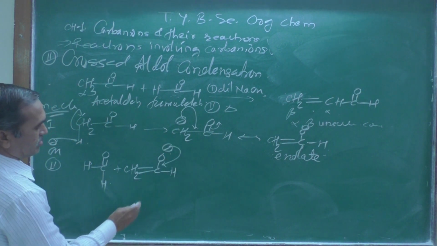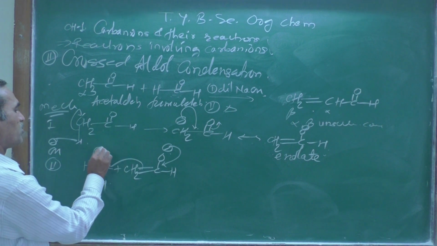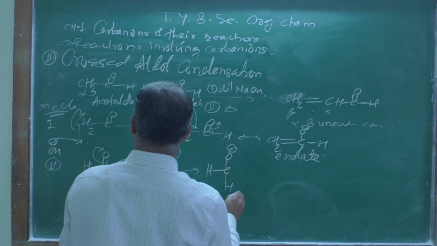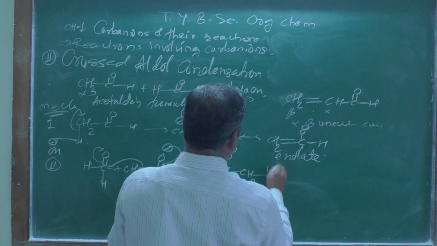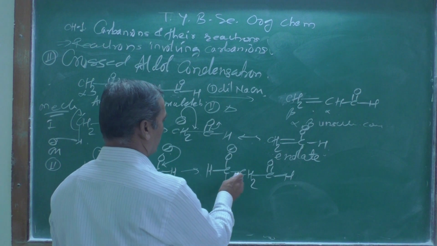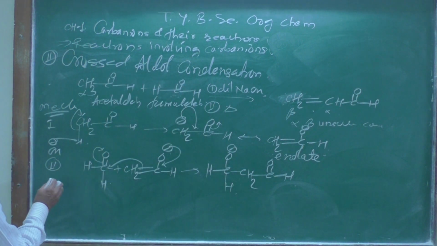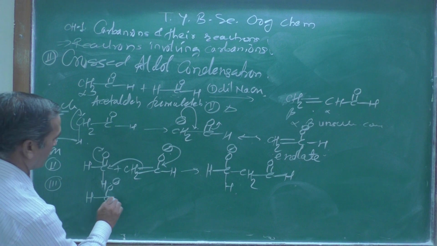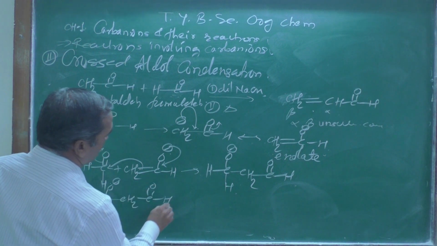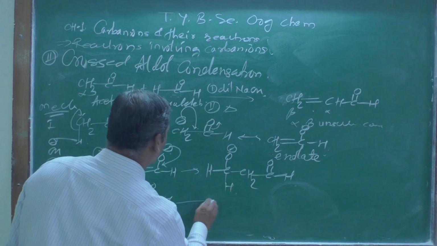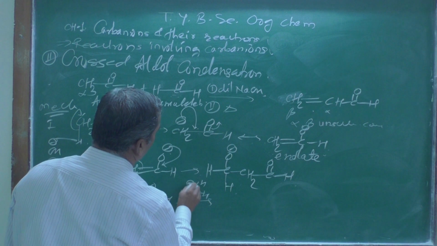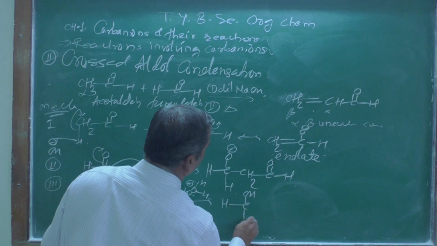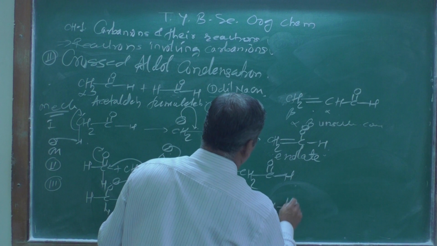This negative charge forms a double bond over there, and this double bond attacks that carbonyl group, and we are going to get here a product HCH2-O minus, then CH2, then C=O. Now protonation can be carried out over here: H, then CH2-O minus, CH2, C=O, and now what I am going to take here is HOH, hydrogen atom with positive charge, protonation this way, and you are going to get H, then OH, then CH2, CH2, C=O.